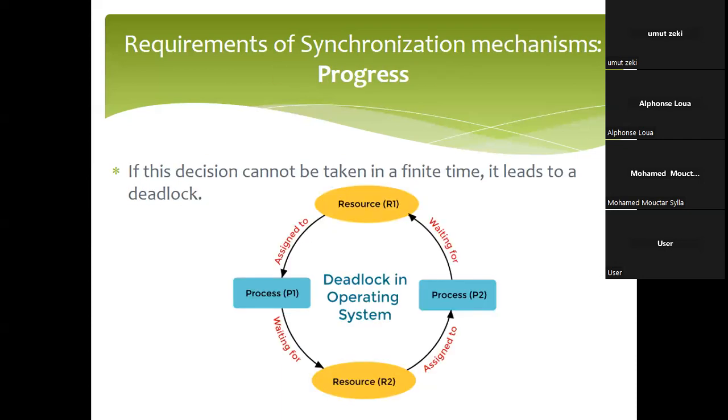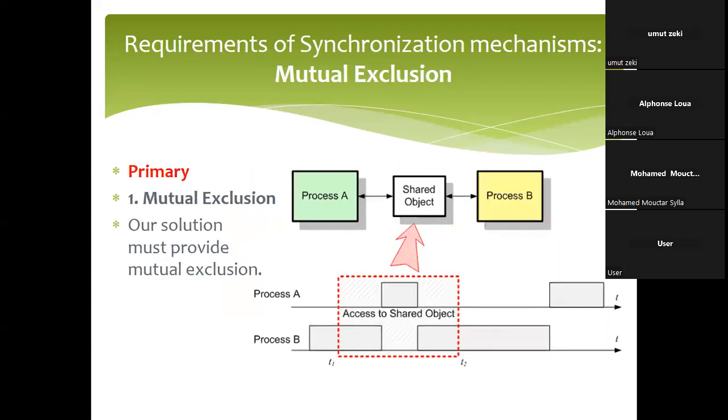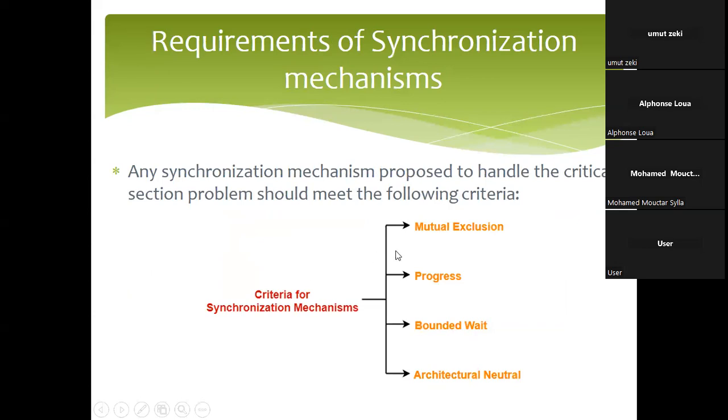Okay. So as I told you, we have 4 mechanisms: the mutual exclusion and the progress are of primary importance. Okay, so these 2 should be respected, should be succeeded.